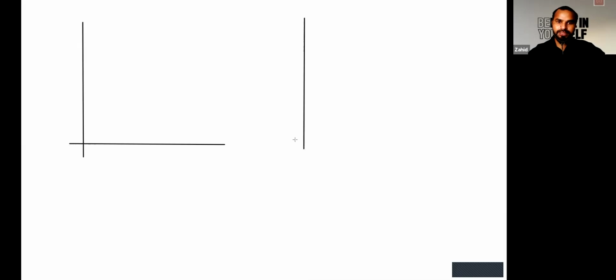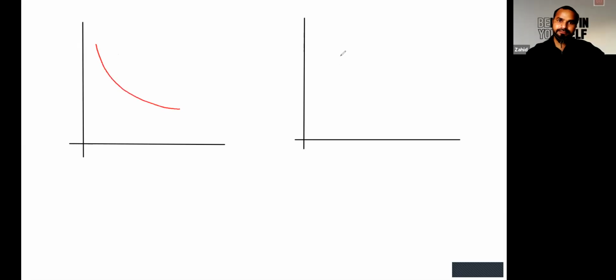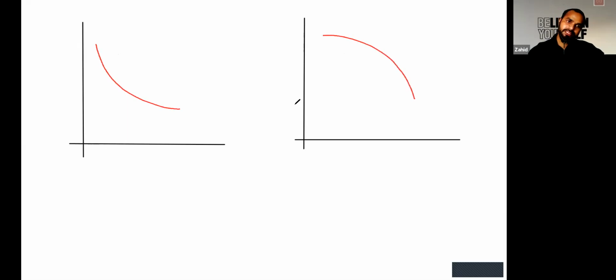I'm giving you one more problem regarding this calculation of slope. Try to solve it on your own and show me your answer in our next class. If you have a curve like this, and a curve like this, try to define the slope of these curves, whether the slope is increasing or decreasing, as we have done in the last part.